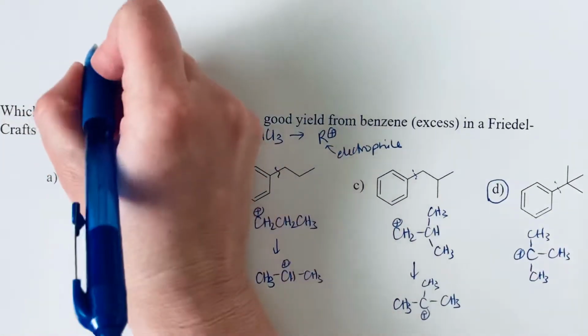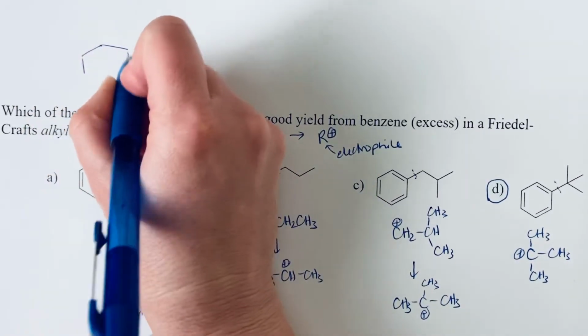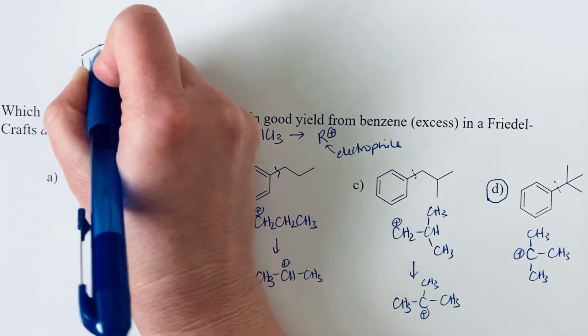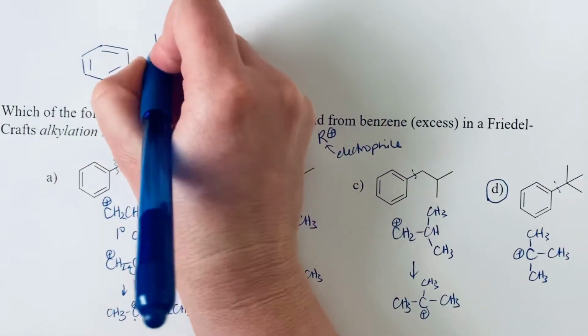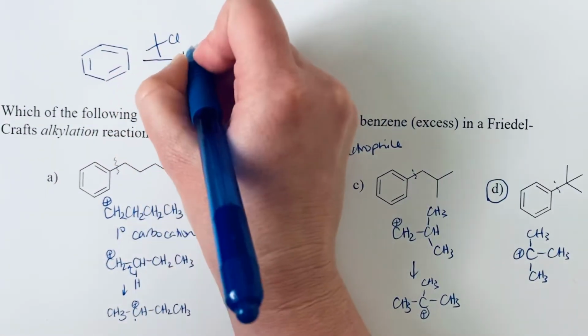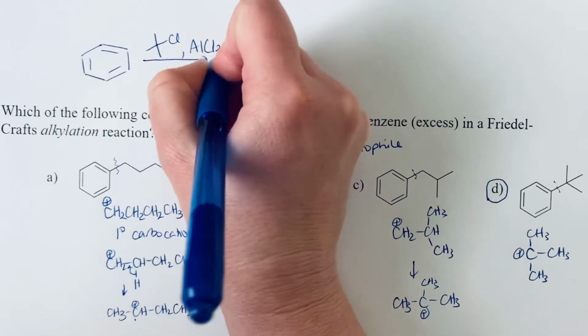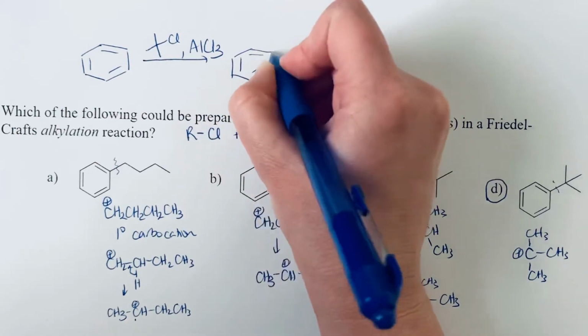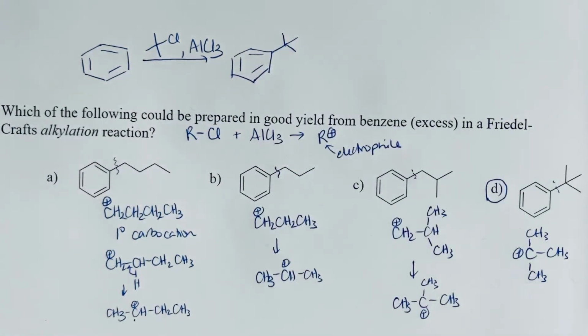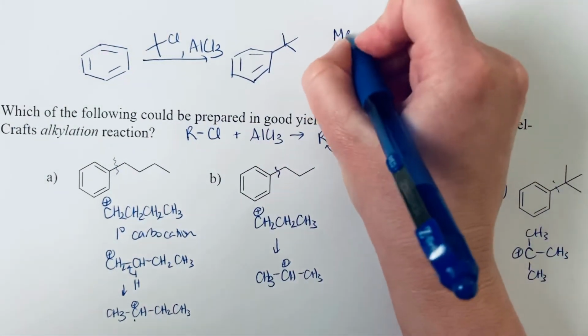So to make D, you could start with benzene and treat it with the tert-butyl halide and an acid catalyst. And that would give you the tert-butyl benzene.